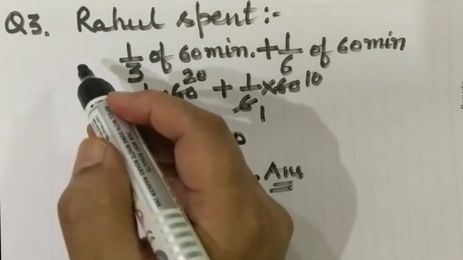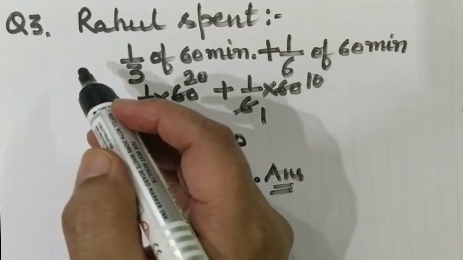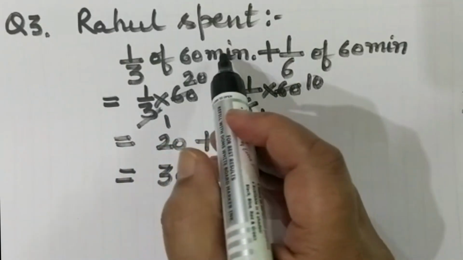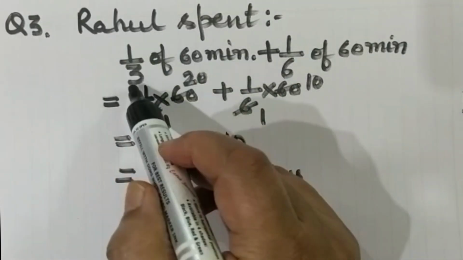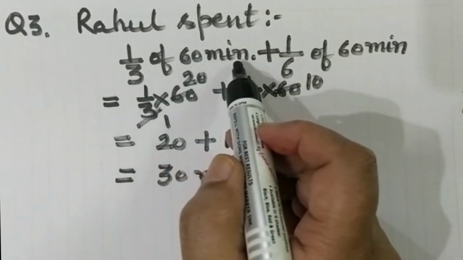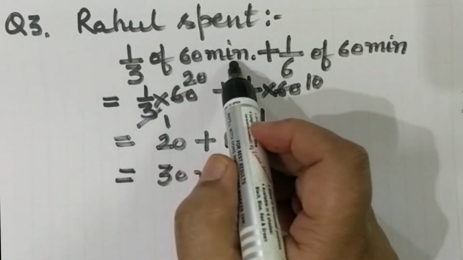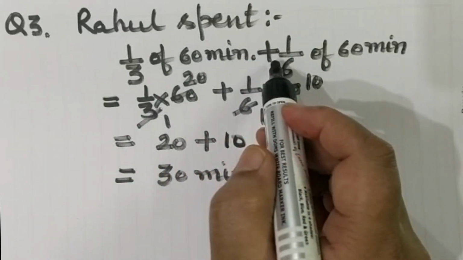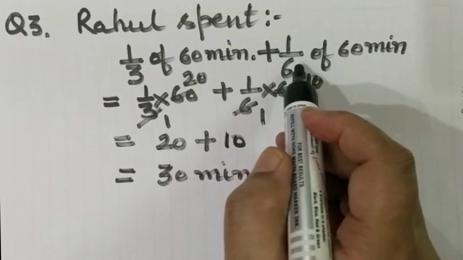Let's see question number 3. It is a word problem. Rahul spent 1 upon 3 of an hour in painting his toy aeroplane. 1 hour means 60 minutes. And 1 upon 6 of an hour in polishing his shoes.